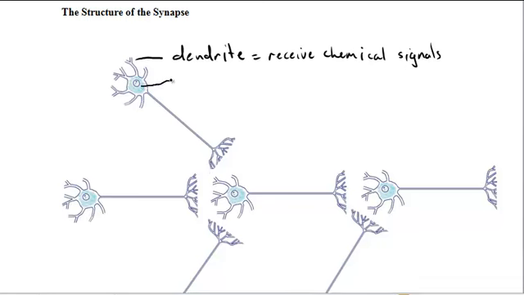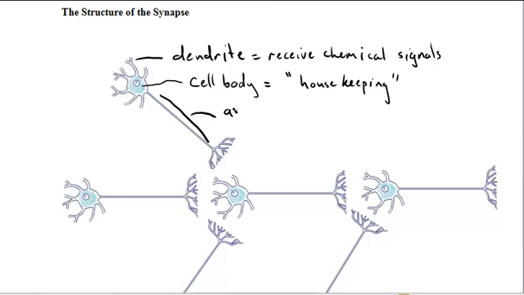Then what's this part with the nucleus? You said cell body? Excellent. Its function, in one word, housekeeping. And then running the length here, that's the, very good, axon, and it carries the electrical signal.